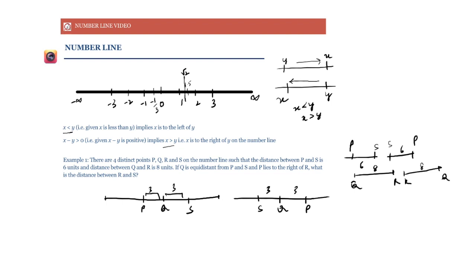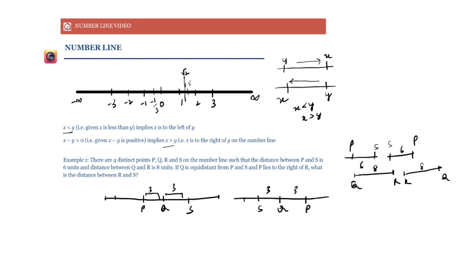Now, Q is equidistant and P lies to the right of R, so R would be to the left of P. R would be either here somewhere, or somewhere here, anywhere over here, it doesn't matter. What is the distance between R and S?